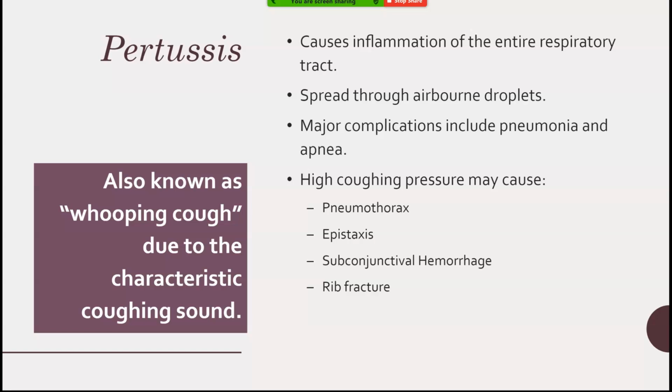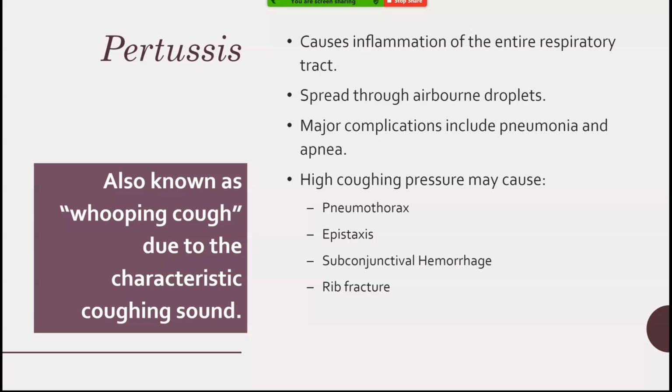Rib fractures, maybe in older children. Again, kids have very squishy, flexible bones. Pertussis kills a lot of infants. This is actually one of the vaccination pushes in the United States: anyone who is going to be coming in contact with a newborn, for example mom and dad, grandparents, etc., is encouraged to get the pertussis vaccine in order to prevent spreading it to the baby, okay?